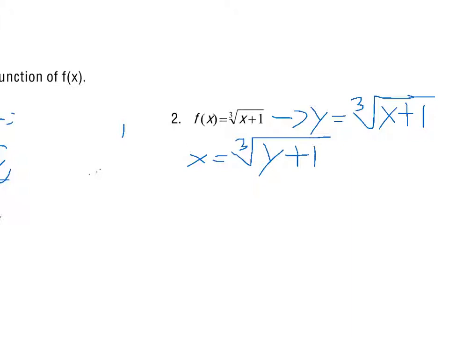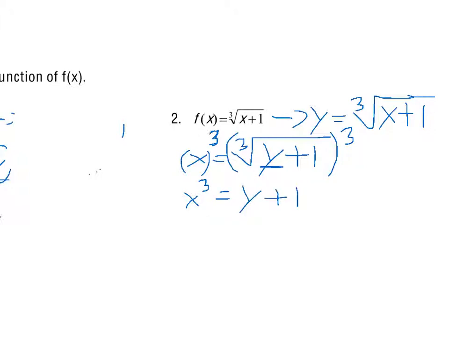Now if you want to get this y by itself, you have to get rid of the cube root. Well, the opposite of taking the cube root of something is cubing it. So we're going to cube both sides. I'm going to cube the right, and then I'm going to cube this x. So this just becomes x cubed. The right side, the cube root goes away, and it's just y plus 1.